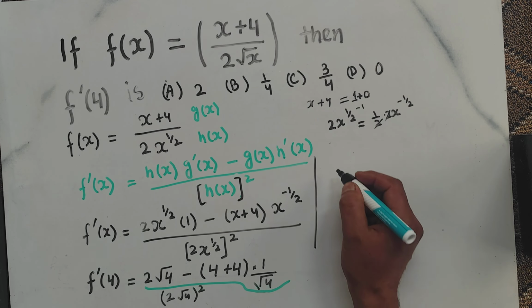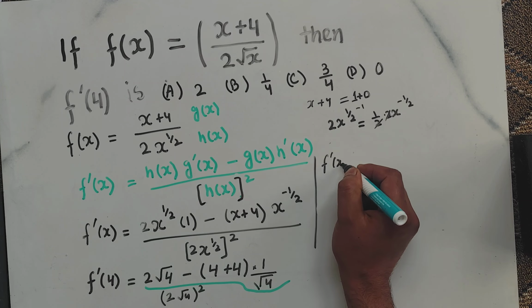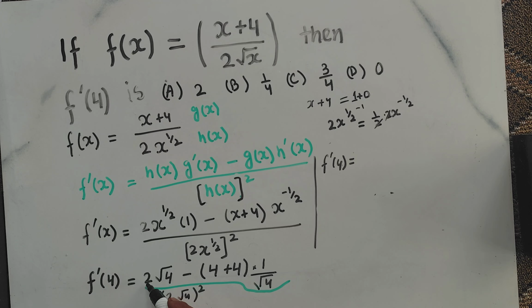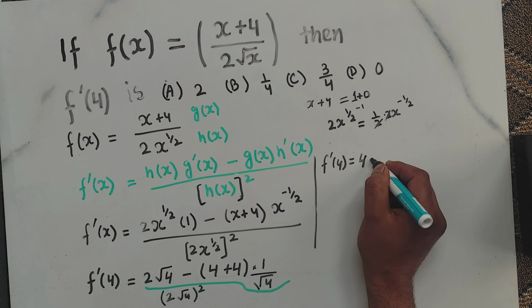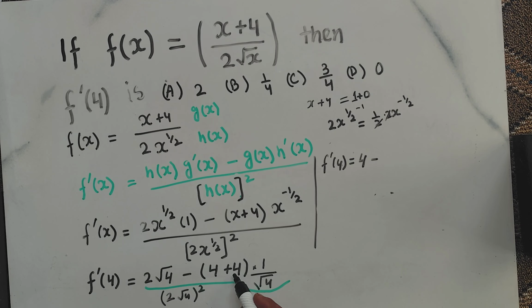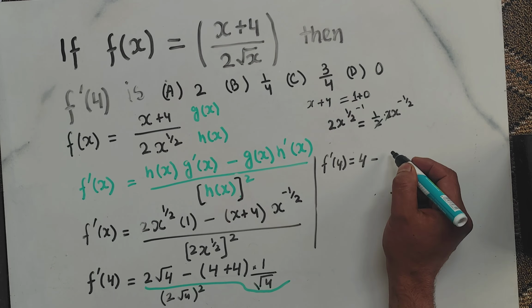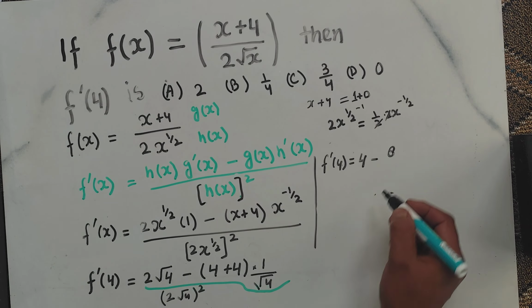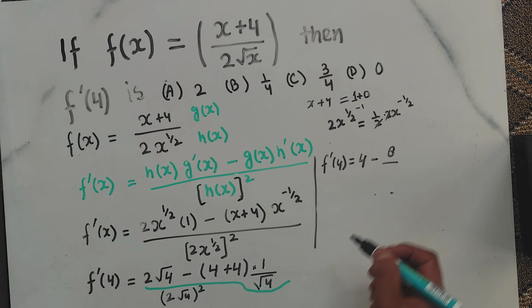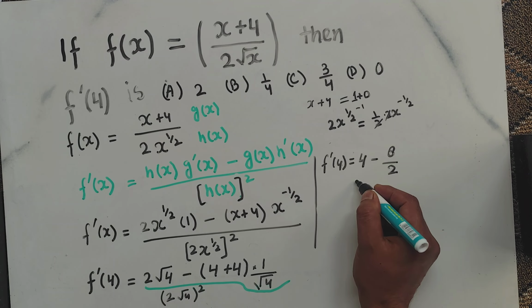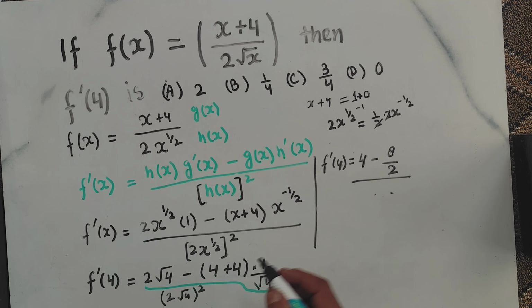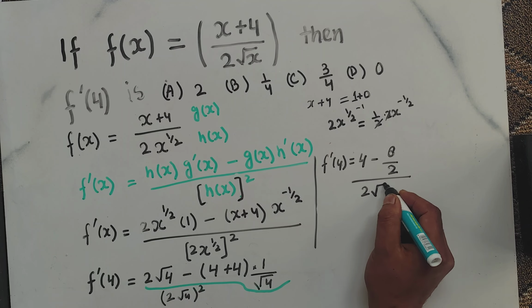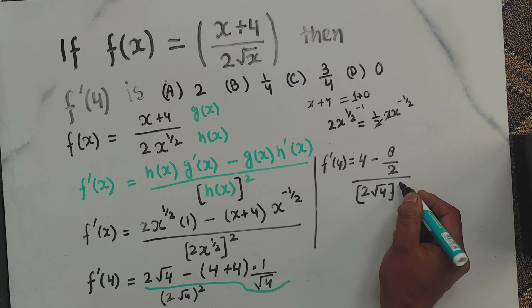Okay, which implies f prime 4 will be equal to: we have 2, under root 4 is 2, so we get 2 into 2 is 4, minus, here 4 plus 4 is 8, so we get 8 divided by under root 4, which is 2, whole divided by 2 under root 4 whole square.